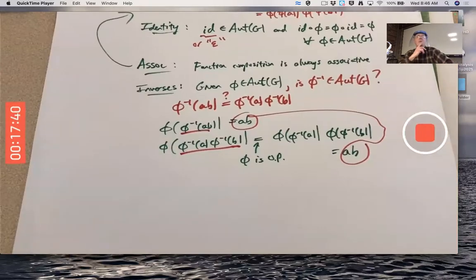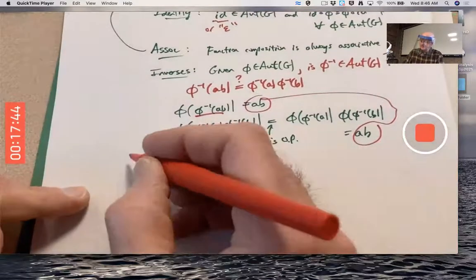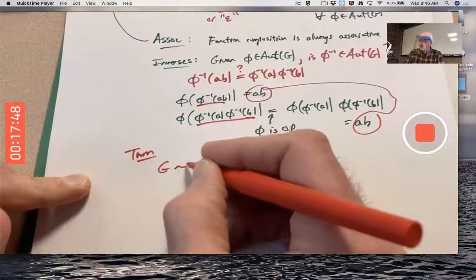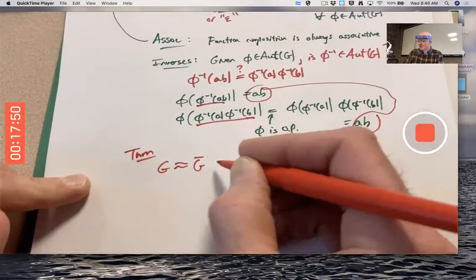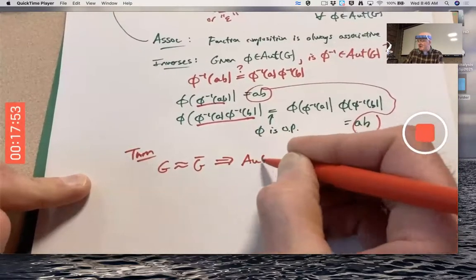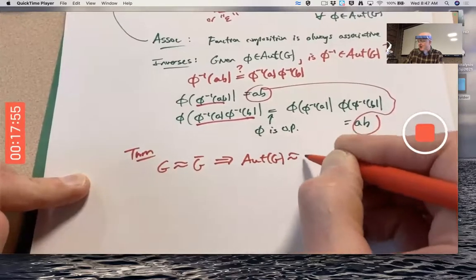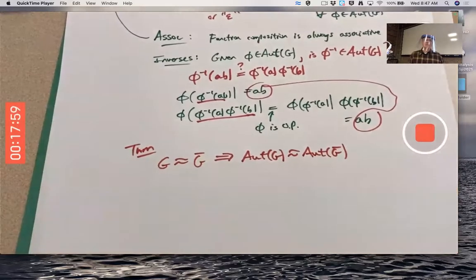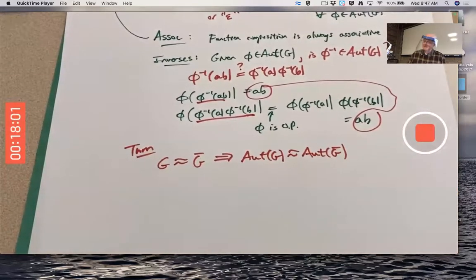Or maybe thought of another way. Well, here's a theorem. If G is isomorphic to, call it G bar, that implies Aut(G) is isomorphic to Aut(G bar). That should seem fairly natural.